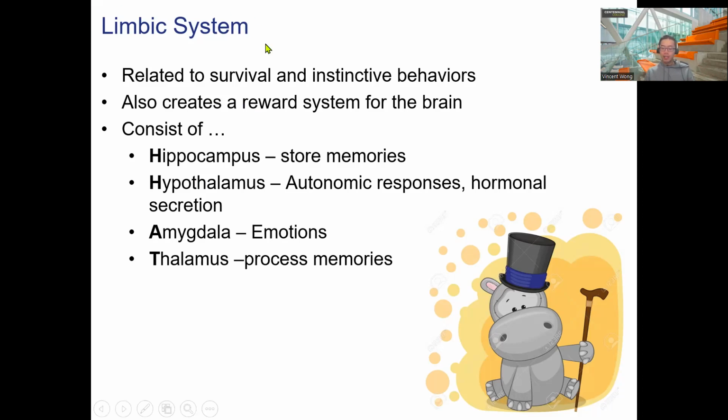But nowadays in modern life, food is generally not a problem for people living in developed countries, for example. And so the limbic system starts to latch on to other things that people could get addicted to.